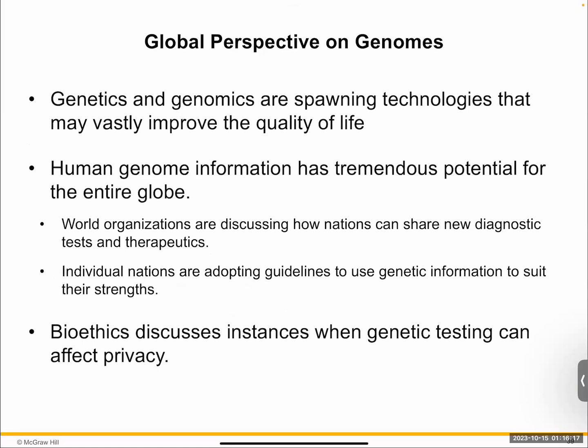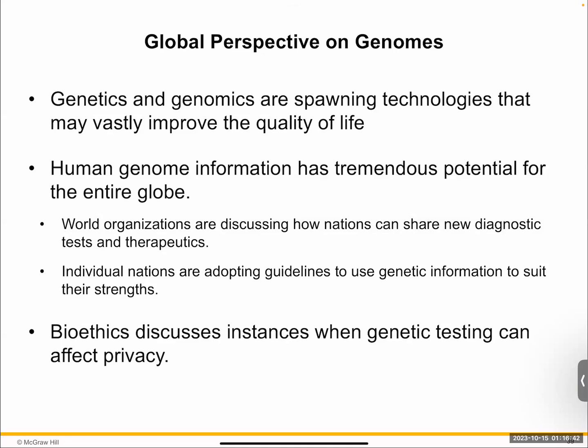Again, we'll expand on that later. It is a very fast moving science. And again, there are a lot of ethical issues associated with this, but it also has a significant amount of potential. It can become something that can help many lives and many species.